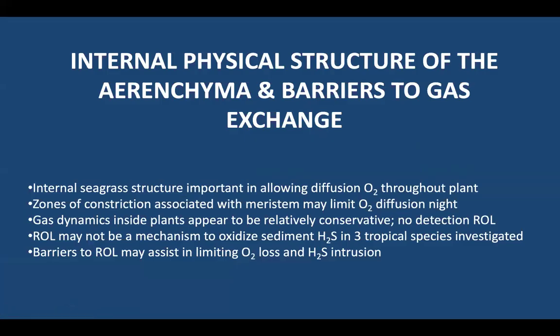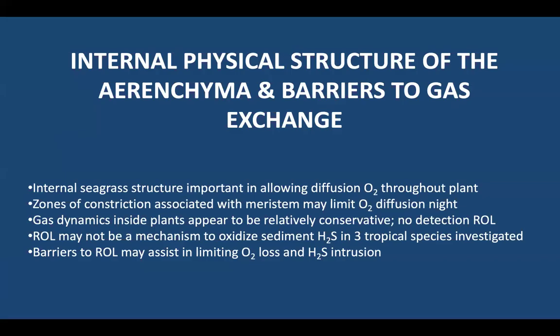So just in summary, internal seagrass structure is important in allowing diffusion of oxygen through the plants. Zones of constriction associated with the meristem may limit oxygen diffusion at night, and gas dynamics inside plants appear to be relatively conservative. And that makes sense because you would want to have that oxygen going all the way down to those roots, particularly in a species like Thalassia, where they have those very deep roots.